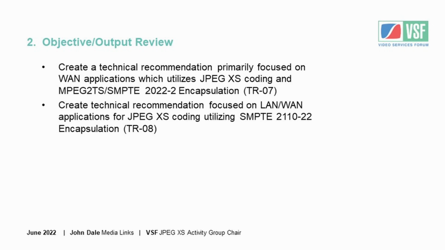That's what's used for JPEG 2000, for H.264, HEVC. So that's the format for wide area transportation of JPEG XS. And then the second document, TR08, uses 2110-22 for the JPEG XS, which is specifically just the video component.